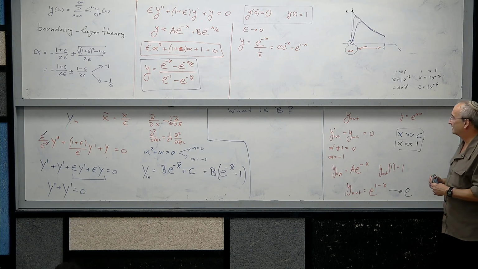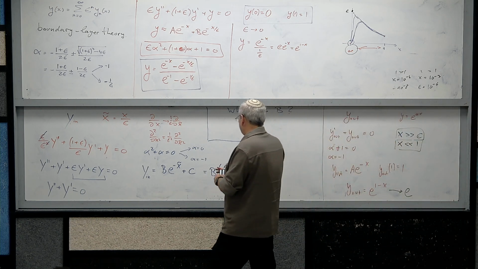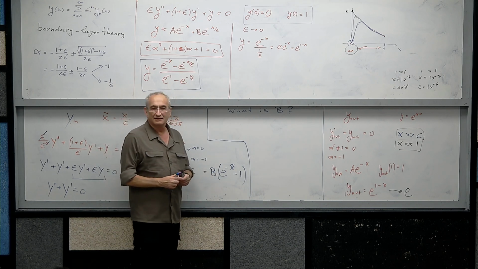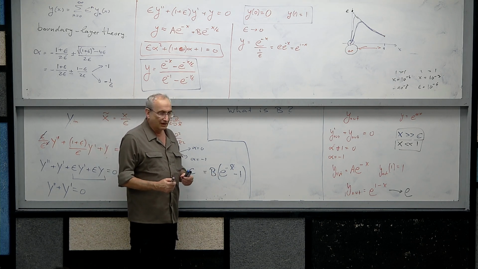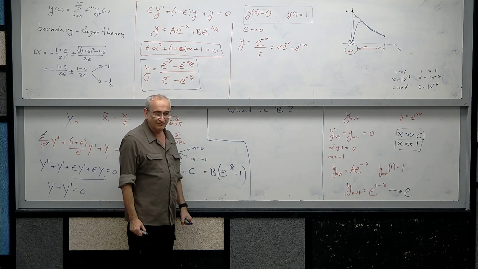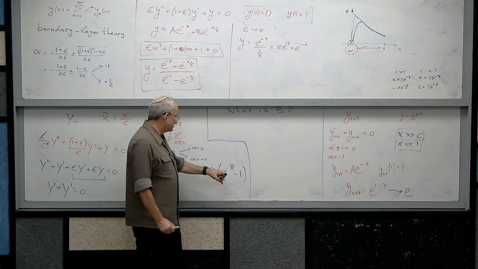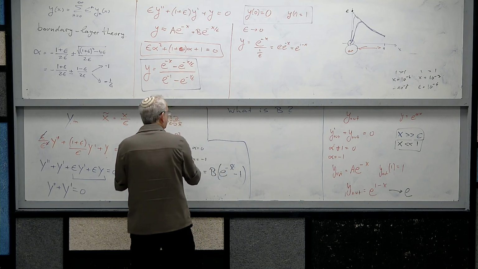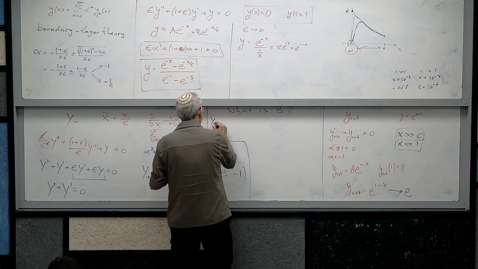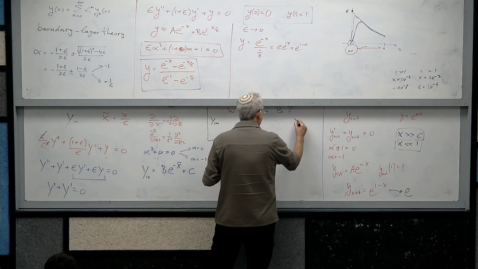Okay, now what's going on here? Here I will add another assumption, which is that x tilde goes to infinity. The basic assumption was, we have y in and we have y out.